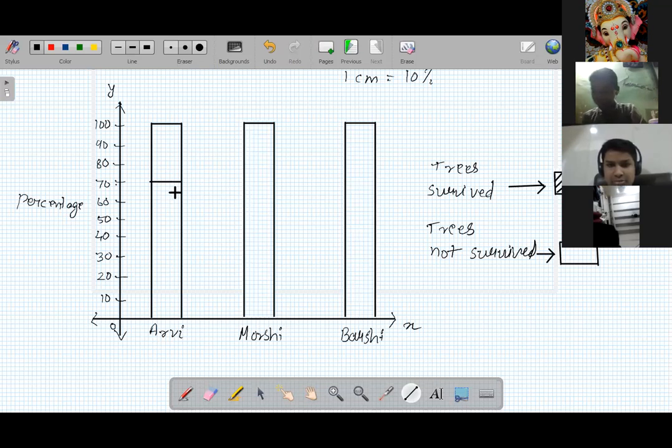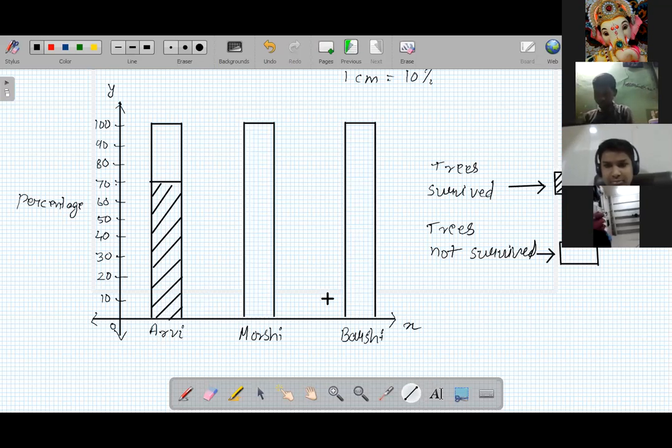So that means this portion here is the survived portion. So I'll just give it a pattern. So this is survived. And the top portion, I'll leave it blank. Not survived. You can give it a pattern also if you wish to, or else you can leave it blank like I have done.